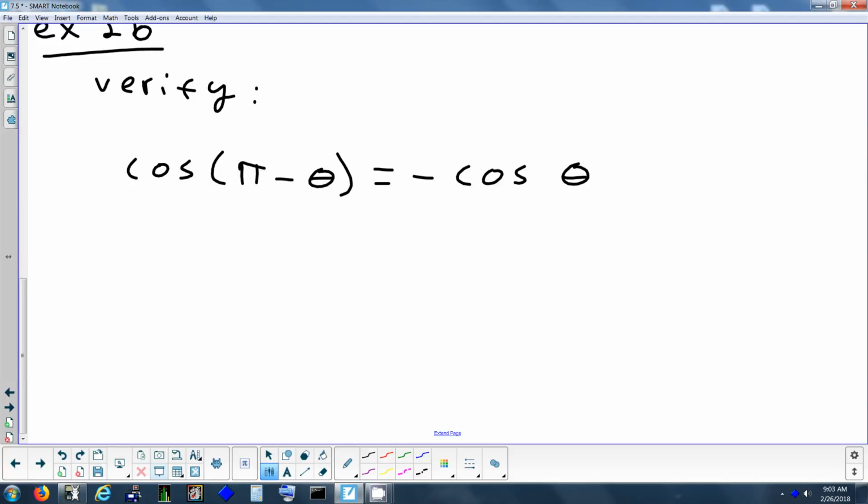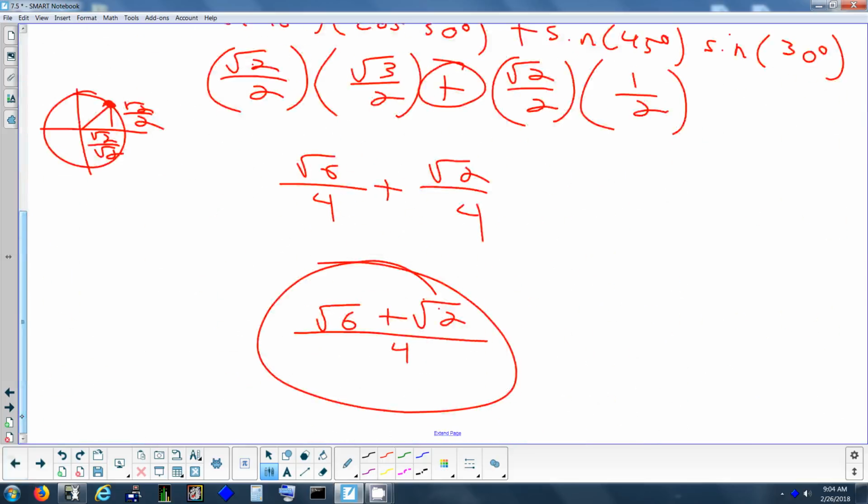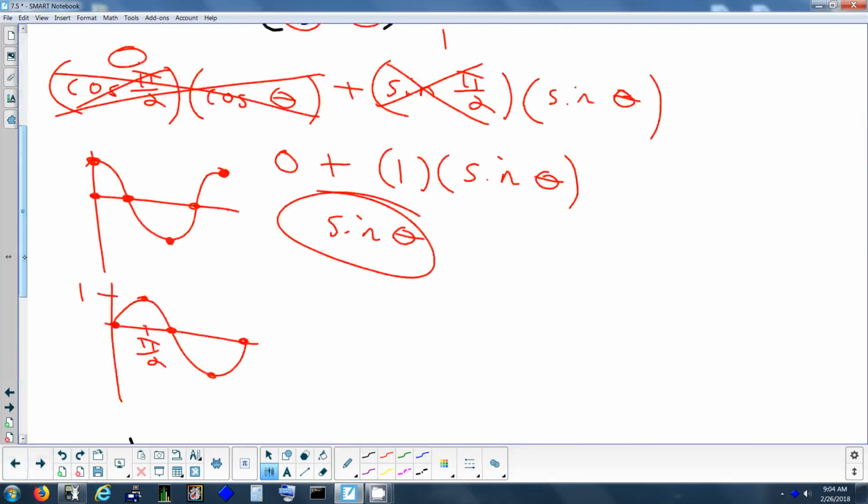Yep. Good. The cosine of pi times the cosine of theta, plus sine of pi times sine of theta. Yep. Very good. Now, to figure out what's the cosine of pi, I'm just going to go back and look at my graph. Cosine of pi is -1.